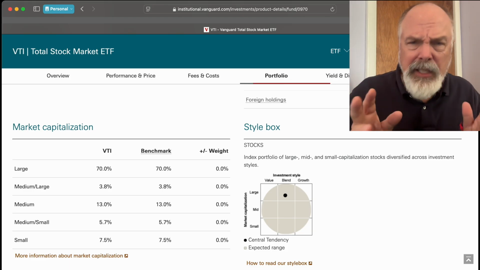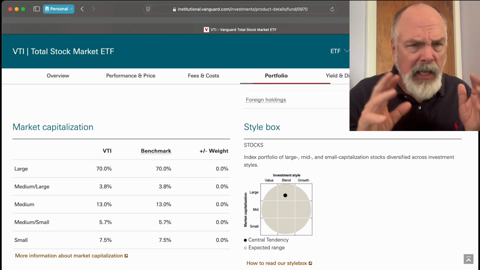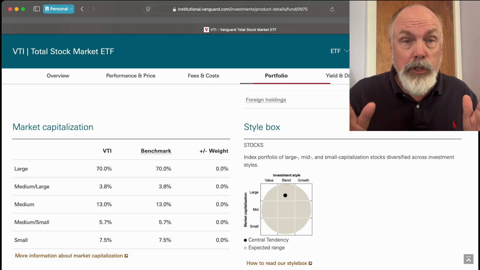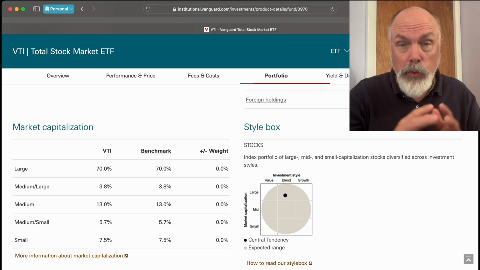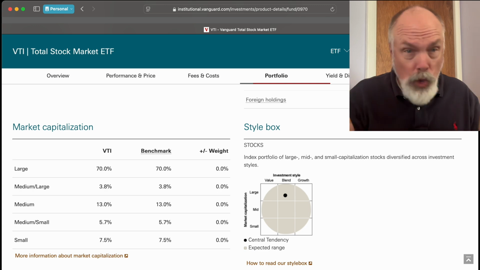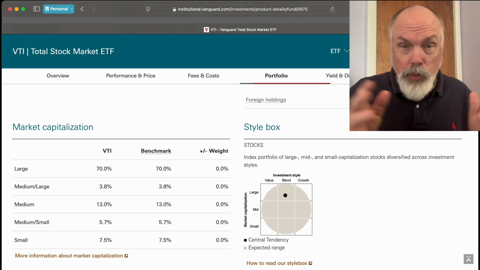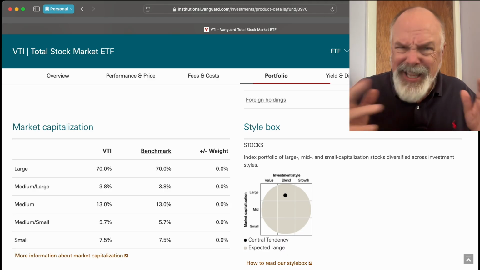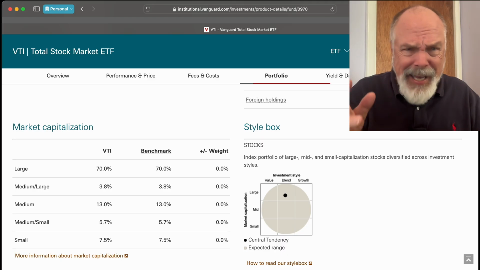Now, as I delved into VTI, it became clear that a lot of us are using different definitions of large cap and small cap when we look into a total U.S. equity index. Whose data do you use? Here's Vanguard's. They share this with the institutional investors of VTI. And these are the data, but do they add up differently?